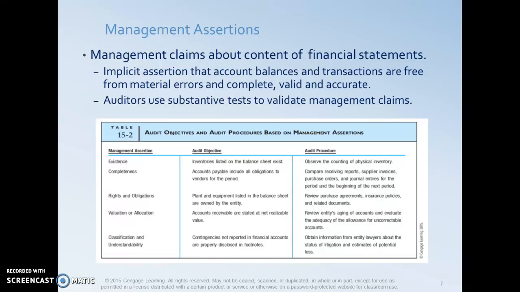So they have assertions, there are audit objectives, and then you actually have the audit procedure. The substantive test is basically what some of those audit procedures are, like doing a physical inventory, comparing receiving reports, supplier invoices, purchase orders, journal entries, and I can personally attest that this is exactly what we do as an auditor.